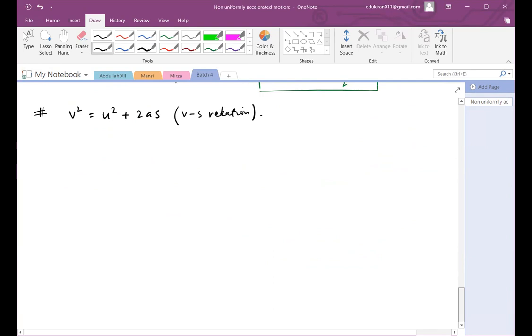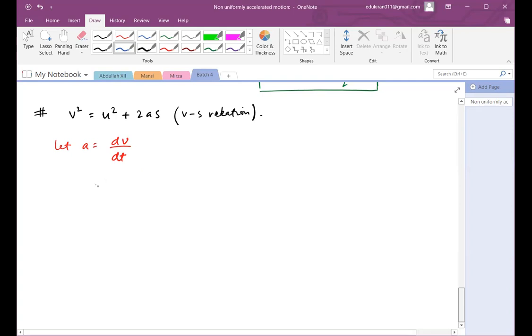Now there is no direct relation between velocity and displacement, so we have to derive this particular term. Let's say acceleration is equals to dv over dt. Now in this expression, there is no component of time.